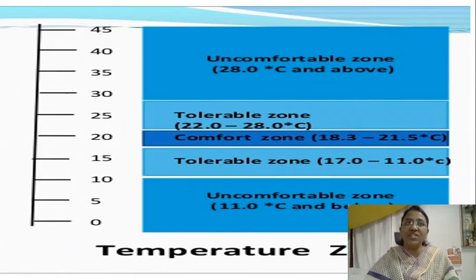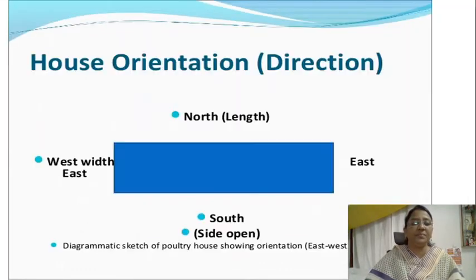And the comfort zone is 18 to 21 degrees centigrade. Tolerable zone 17 to 11 degrees centigrade. And uncomfortable zone, that is 11 degrees centigrade and below. So by this we can say temperature plays a very important role in the poultry industry.